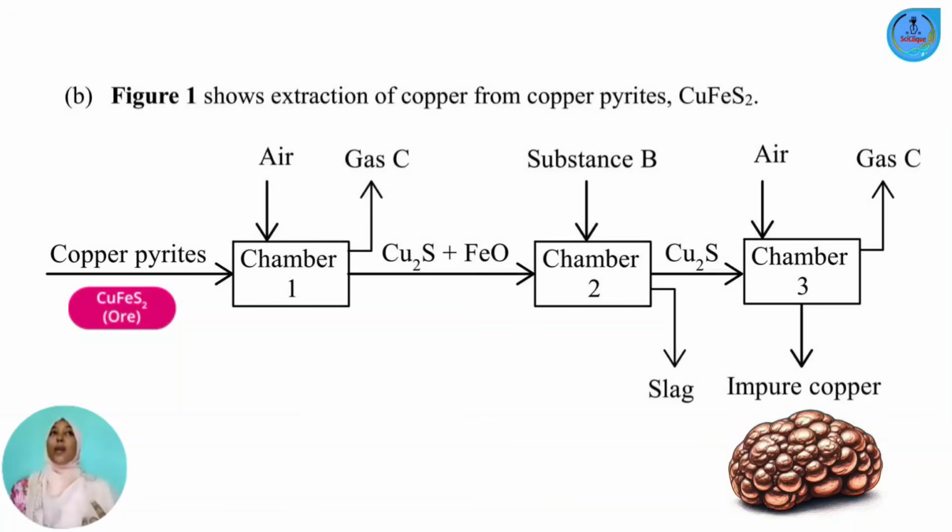Some of the copper 1 sulfide reacted with oxygen in the first step to form copper 1 oxide. Now, in the second step, the remaining copper 1 sulfide will react with the copper 1 oxide that has just been formed. This is our second reaction, and this will lead to the formation of molten copper metal and sulfur 4 oxide.